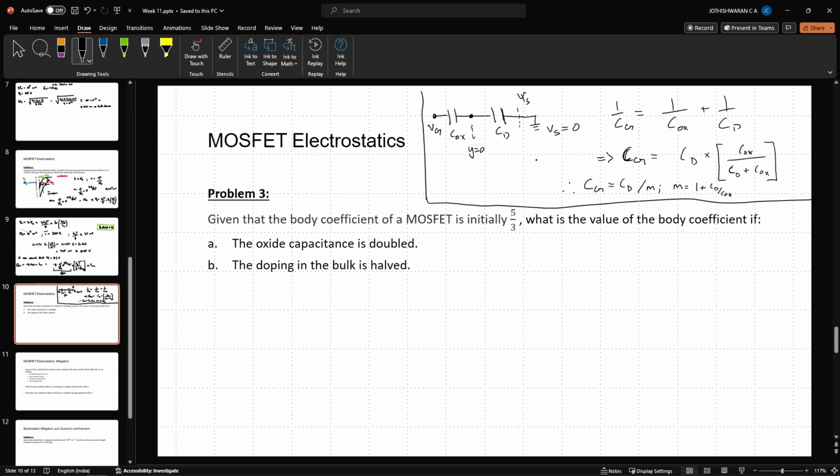But because there is this second capacitance Cd that kind of varies, a certain voltage drop occurs. So essentially this implies that psi s is Vg minus Qn divided by Cg.